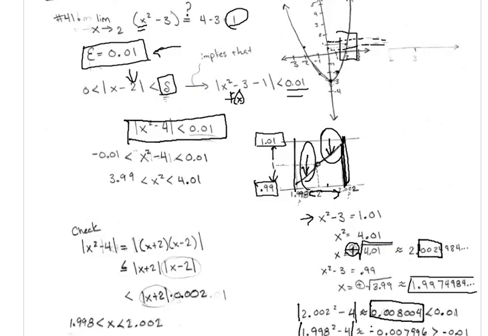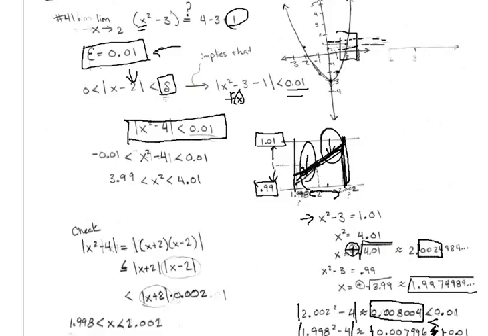Another way to write this is, if I take the absolute value of this quantity, then that would be less than 0.01. So far my guess is looking okay, but I don't know for a fact that 0.002 would work for every value of the function in between. Maybe I have to look at it using a little bit of algebra.